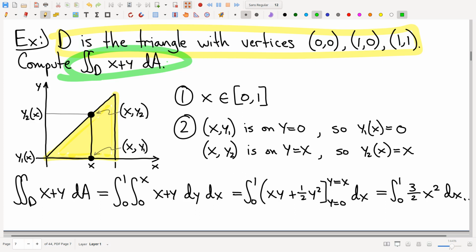It's hard. Maybe I'm interested in computing the population, how many people are living in this little section of town. Or maybe I want to compute the number of bacteria in this little region of the table. Whatever. Millions of different examples. Not what we're here for in this example.